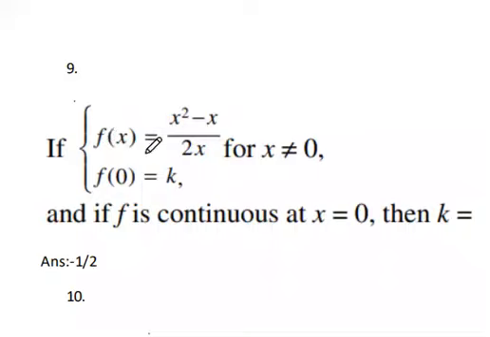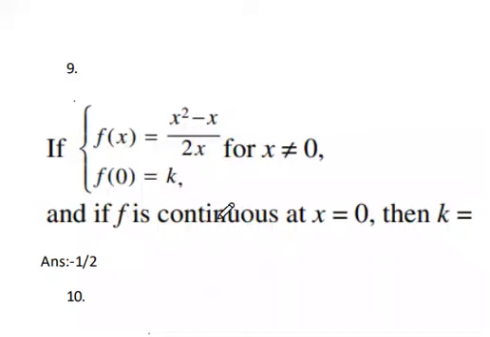Now let's take a look at this function here. So this function f is defined as this rational function for x not equal to 0. When x is equal to 0, the function value takes k, right?